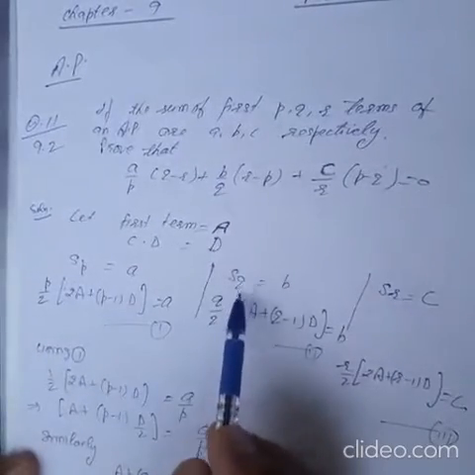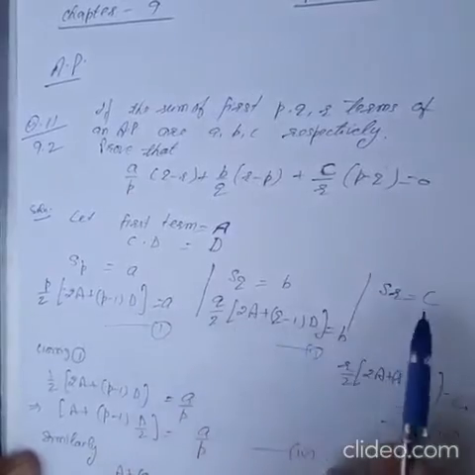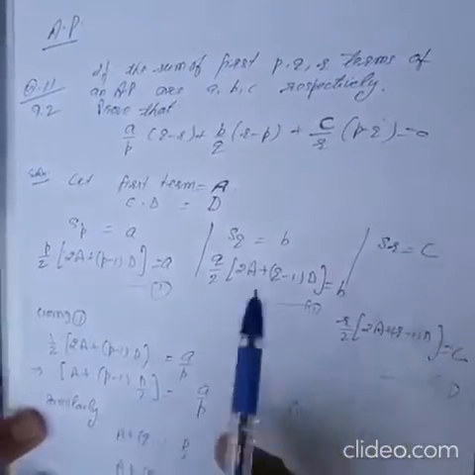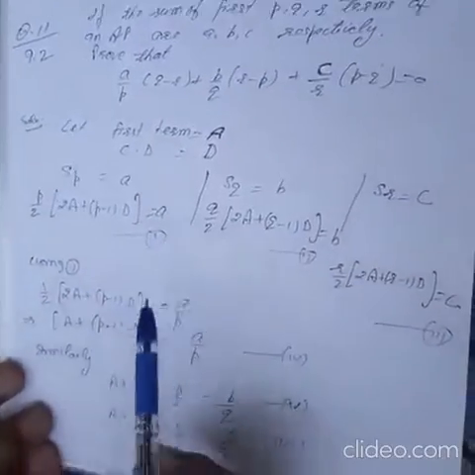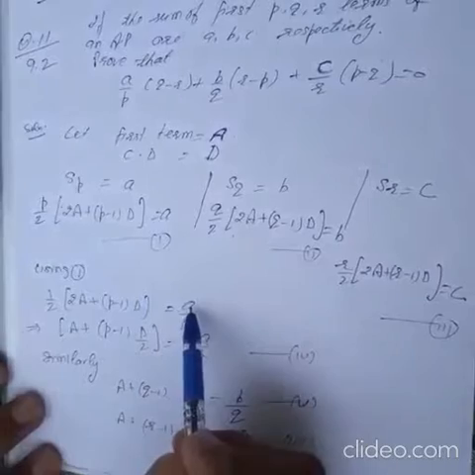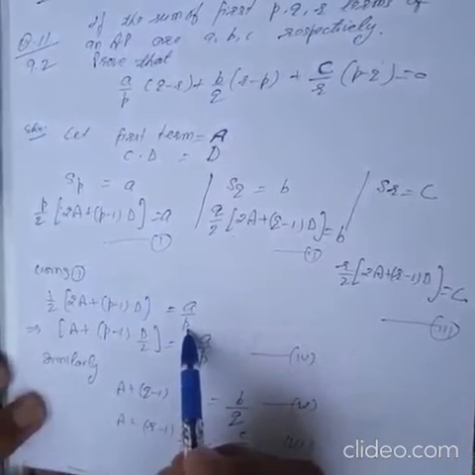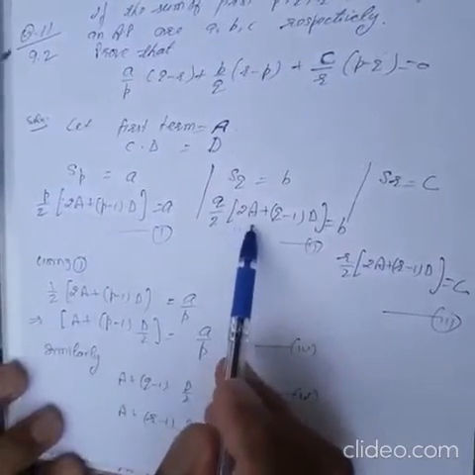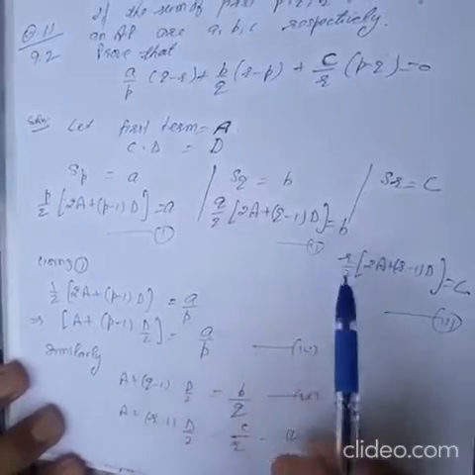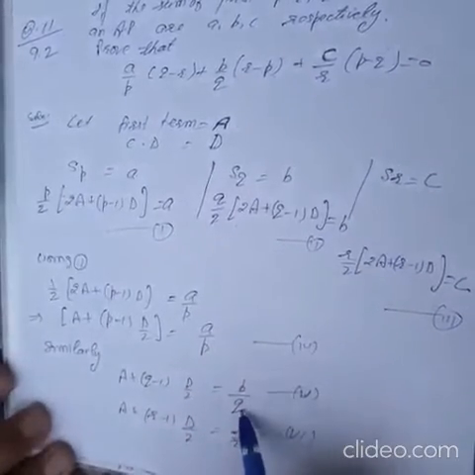So that's why it is capital A. Similarly Sq is q by 2 into 2A plus (q minus 1) D, and similarly Sr. So we'll get three equations in this way. From the first equation, shift p to this side and find the value of a upon p. Similarly, from the second equation, by dividing by q, we get the value of b upon q.